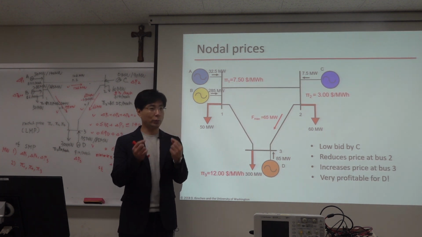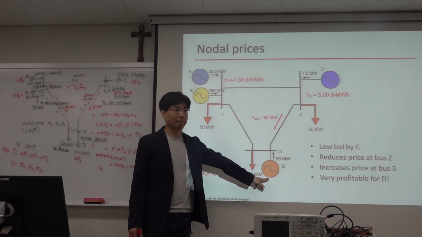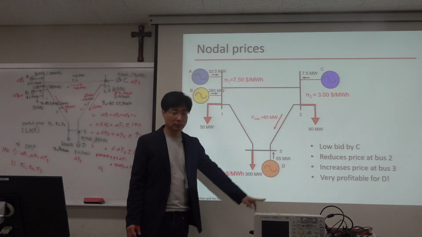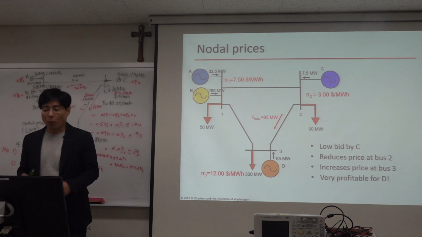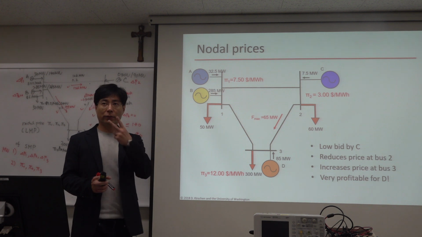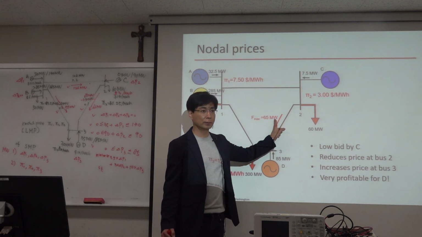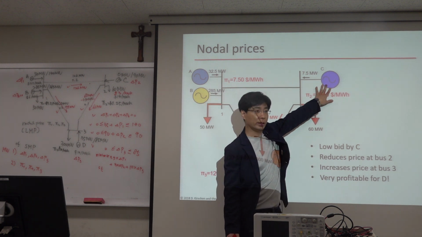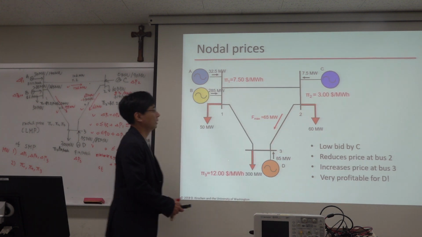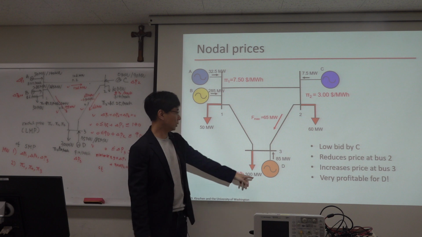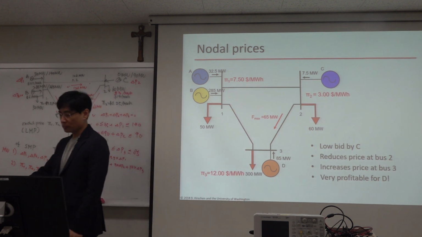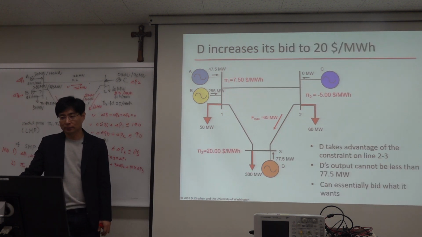That means increased revenue for generator D. Okay? Why does it happen? Because of two things. The constraint here and the new bid there. Okay? And the benefit is for generator D.